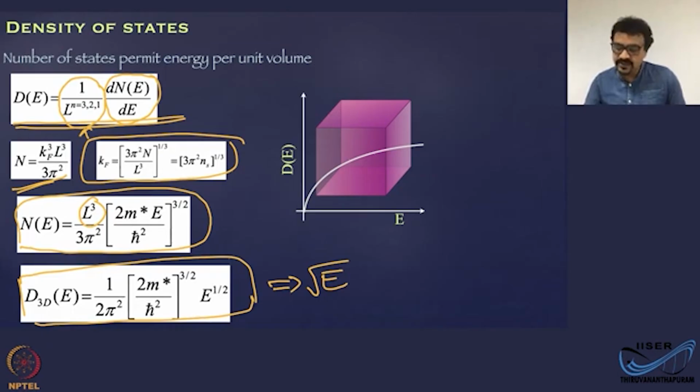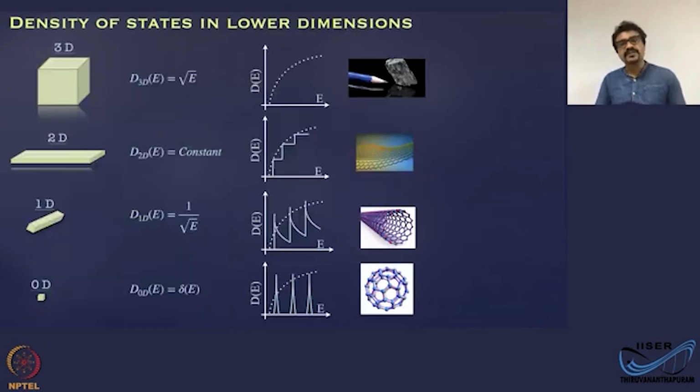Similarly, you can also get an expression for the density of states in reduced dimensions. Transport through reduced dimensions is our topic of discussion throughout this course. So for a 3-dimensional system, we know that it goes like square root of E, as given by this curve. For example, I have a picture here of graphite. As an example, this is a 3-dimensional system, graphite.